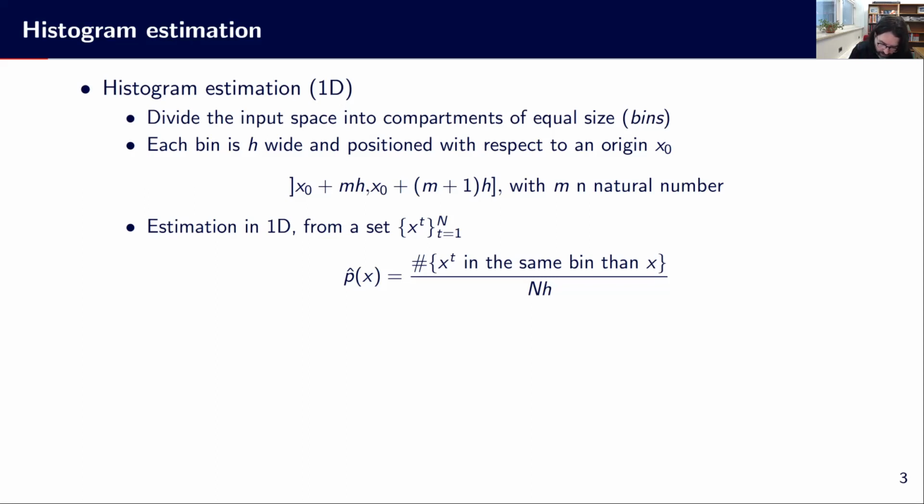So if we have some value x in this domain, we look at the number of samples in that bin, divided by the total number of samples, which is n, divided also by the width h of our bins. This gives us the estimation that we need.